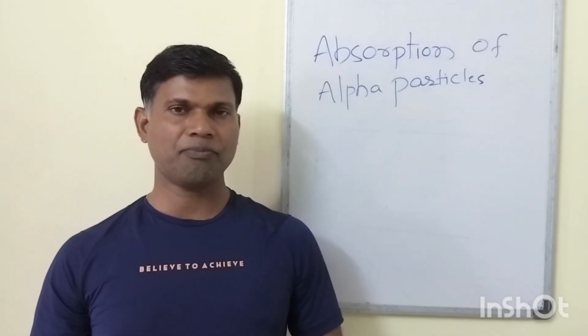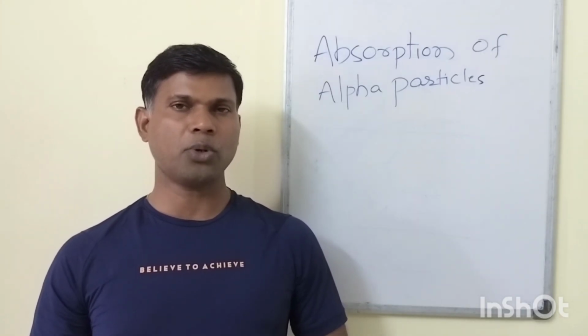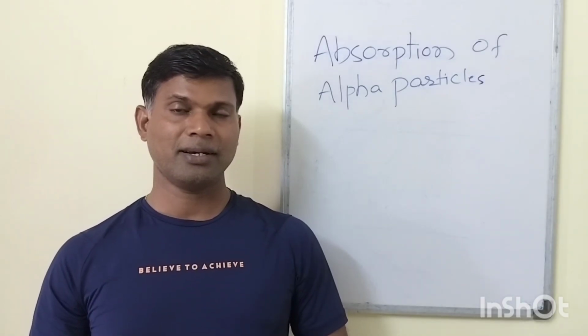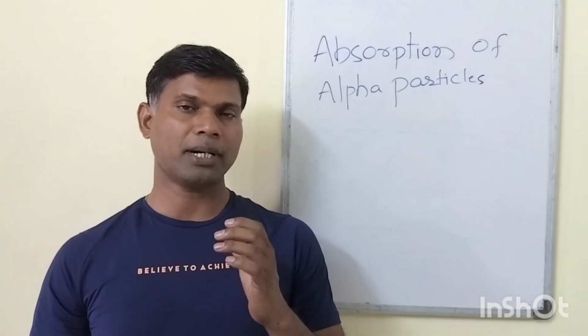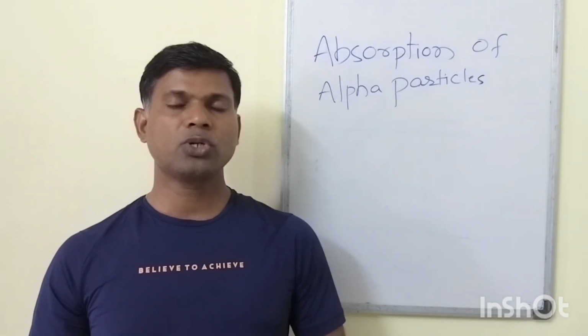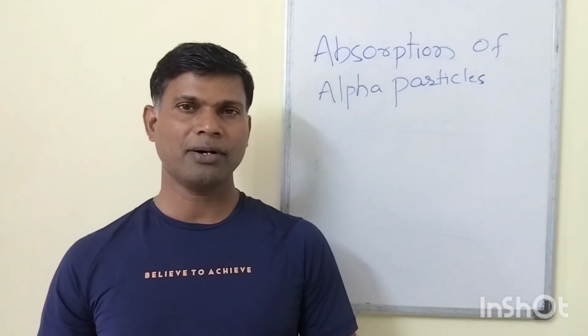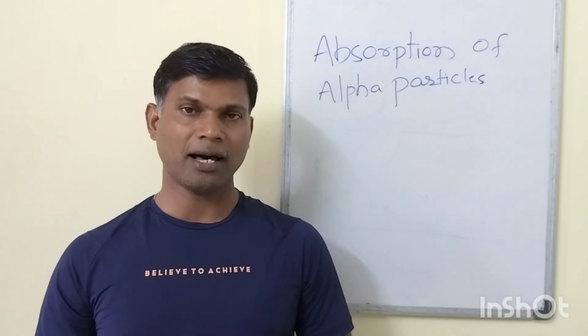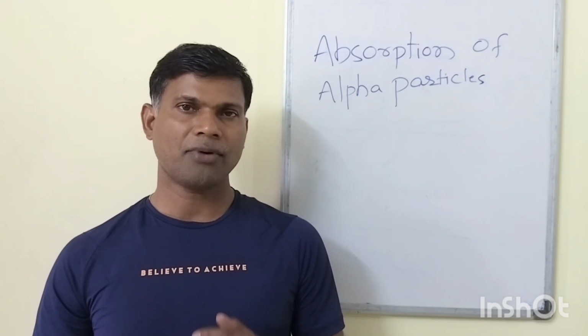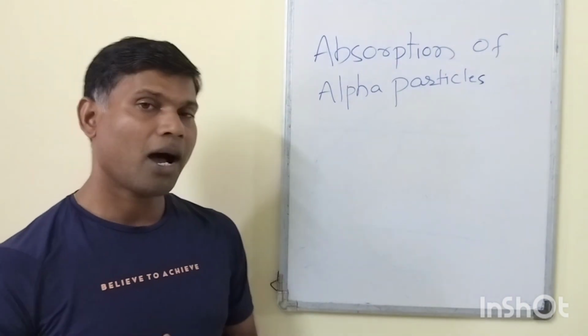At the same time, we want to know the specific ionization of this particular alpha particle in a particular medium. So if you plot the graph, specific ionization on the y-axis and distance from the source on the x-axis, how does it look?